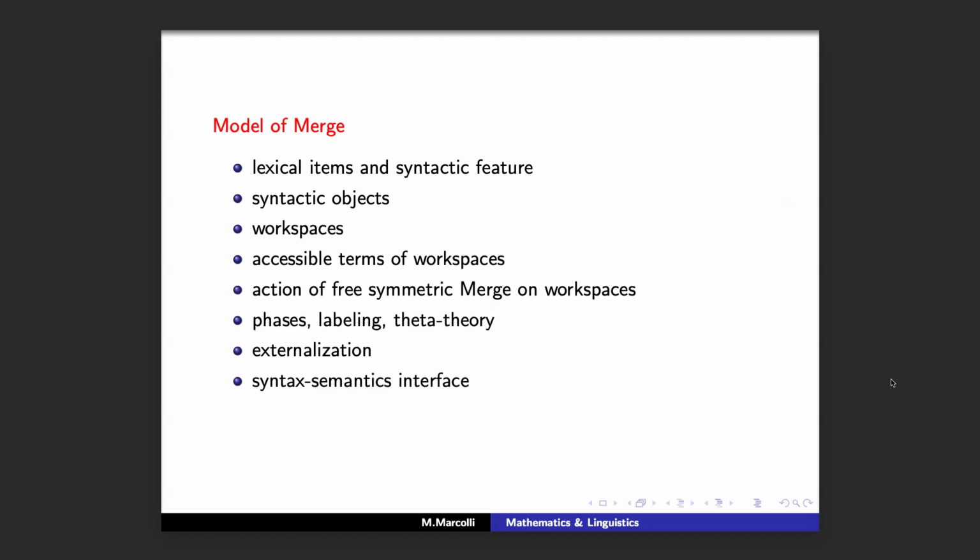And theta theory has something to do with mandatory roles that certain syntactic relations have. For example, if I take a case where I give something to someone, right? So this give is a verb, but it calls for several things. It wants a direct object, and it has a dative type relation: there's something that you give, and there's someone that you give it to, and there's a subject that is the giver.